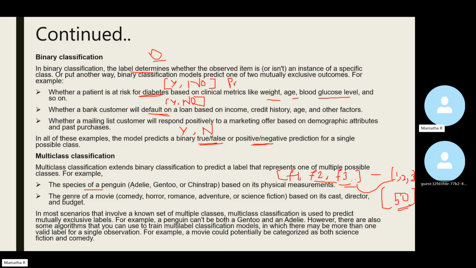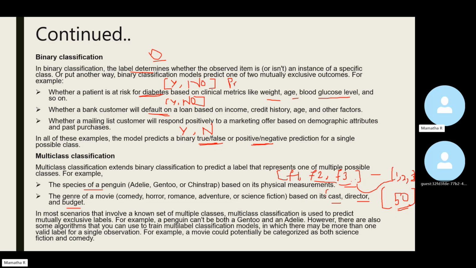Here, another example they had given is the genre of a movie based on its cast, director, and budget. We want to define which category that movie belongs to, based on who is participating in that movie, who is the director, and the budget.